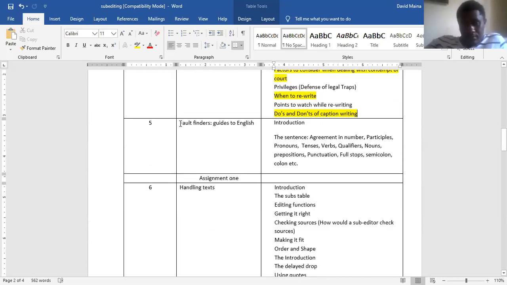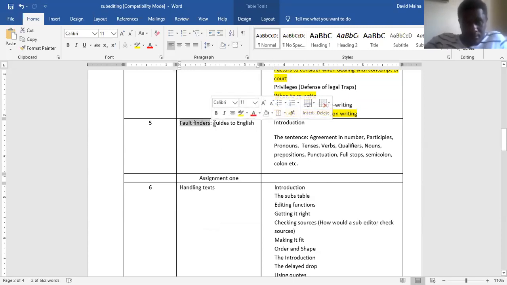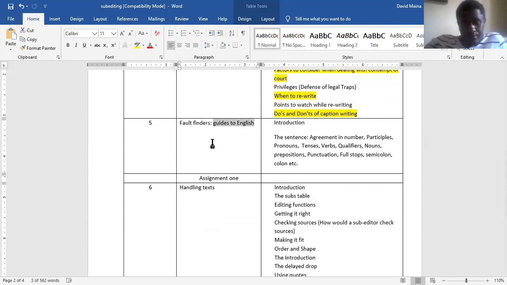Then we are going to look at topic 5, fault finders. When you talk about fault finders, we are going to look at some of the common mistakes in English that we make that are not good in our writing.